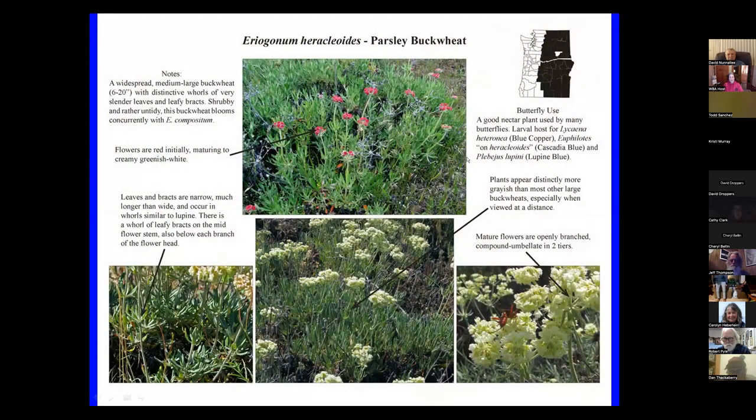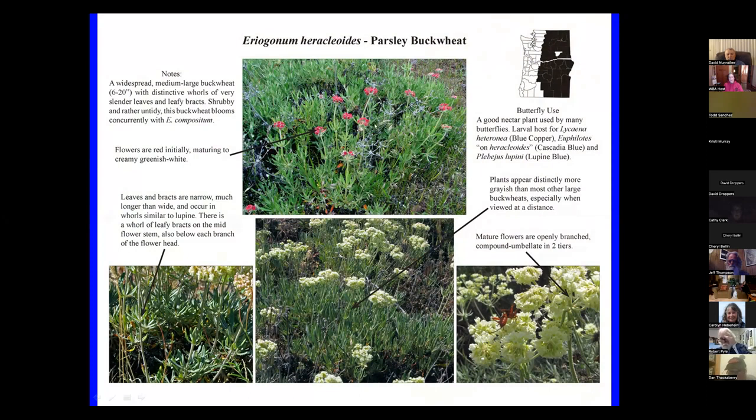Heracleoides, this is a real shaggy buckwheat, which occurs all over many areas of Washington. You can see on the range map on the upper right that it's all over eastern Washington and eastern Oregon. Very widespread and very common.